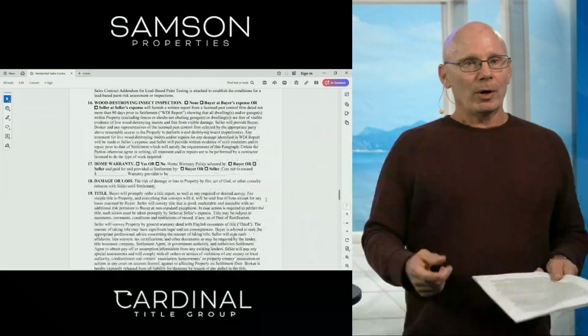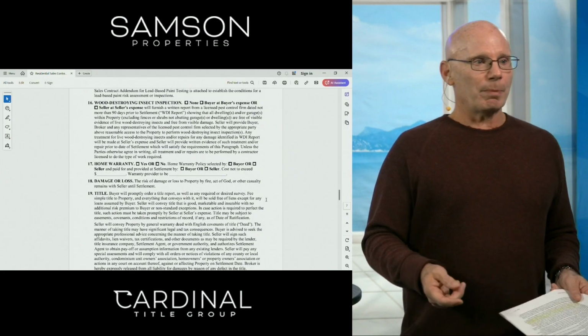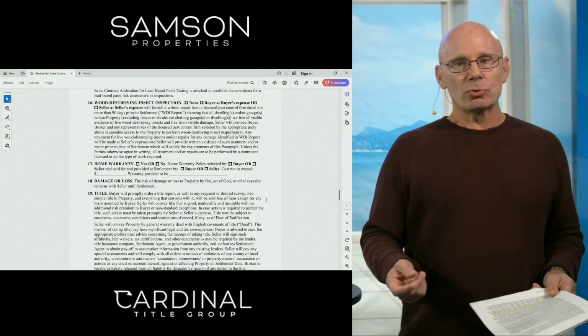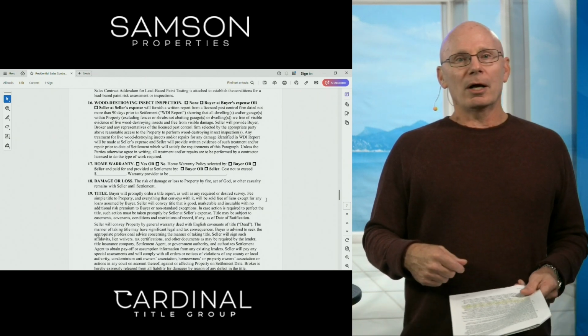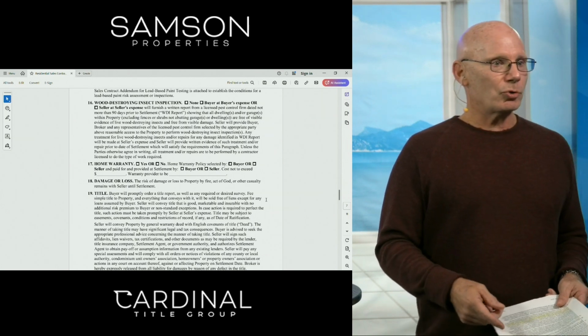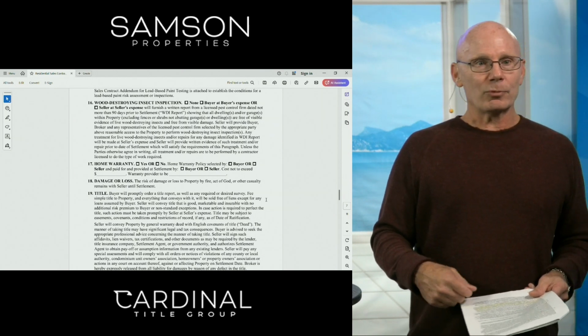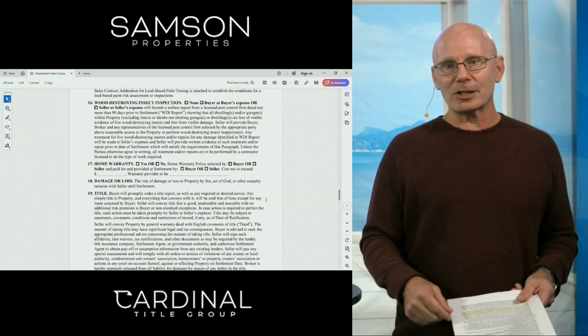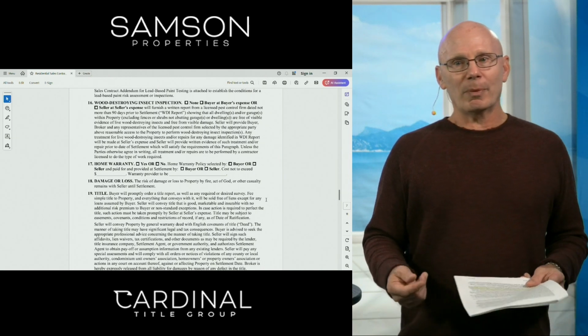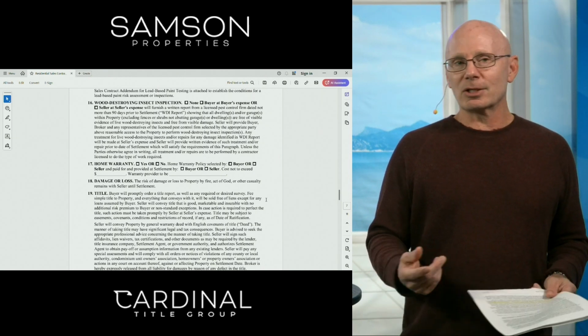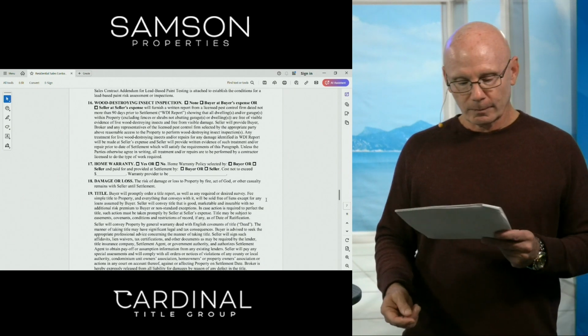I know we all want to wait till we get through the home inspection before we start spending our clients' money, but don't wait too long, because the closer we get to settlement, the harder it is for the seller to make repairs. So try and get these things done as quickly as possible, so that if you do need any type of repair or treatment, it can get done prior to settlement.